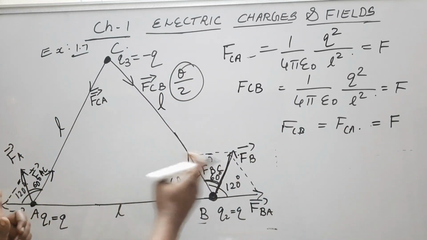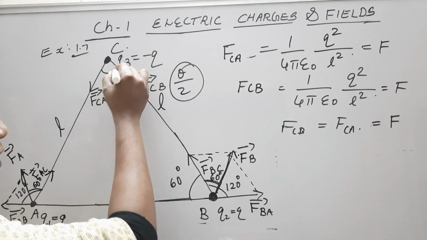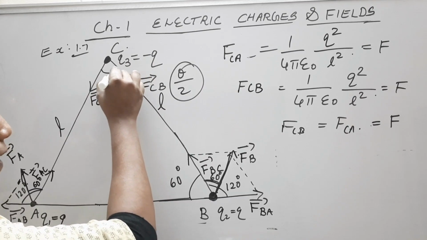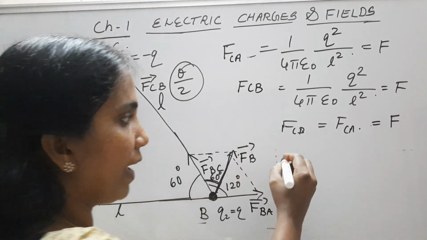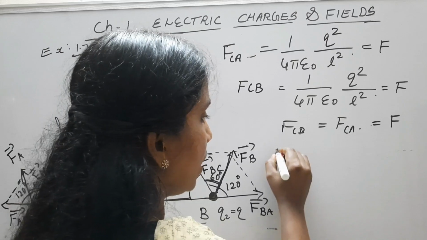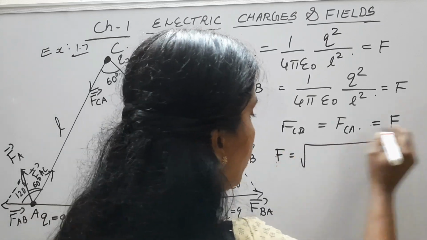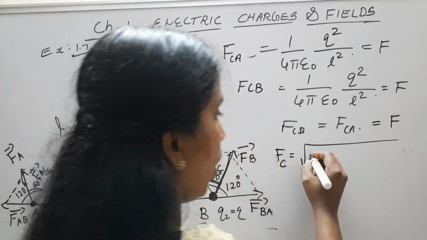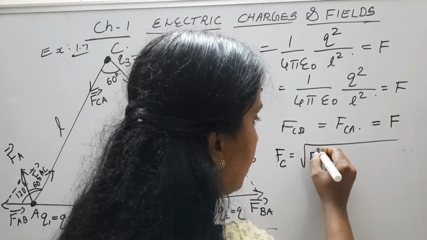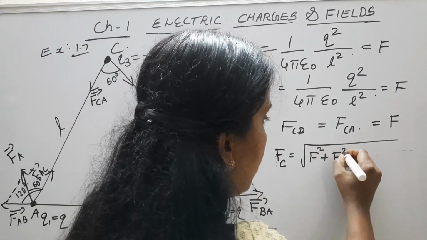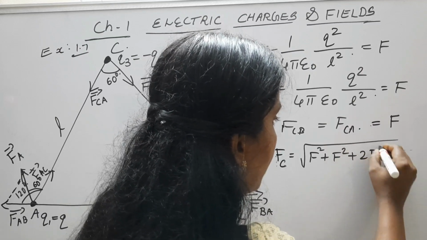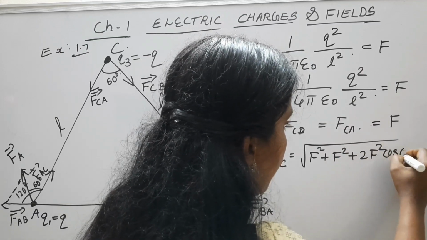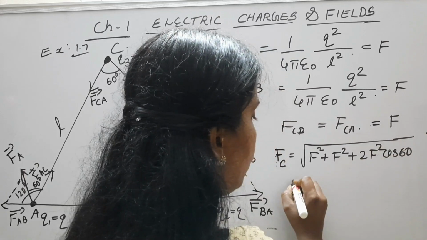Unlike the previous cases, here the angle between the two is 60 degree. So here we need to find the resultant using parallelogram law. So the resultant force FC is equal to root of F square plus F square plus 2F square cos 60.